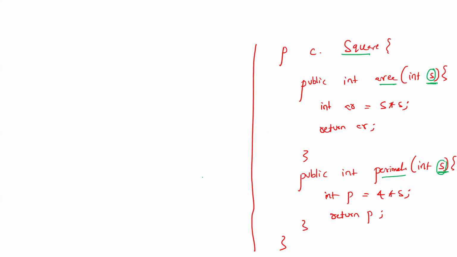It is allowed, sir. Because it's in different methods. Even though they are in the same class, we may say because they are in the same class, we can't use the same variable more than once.